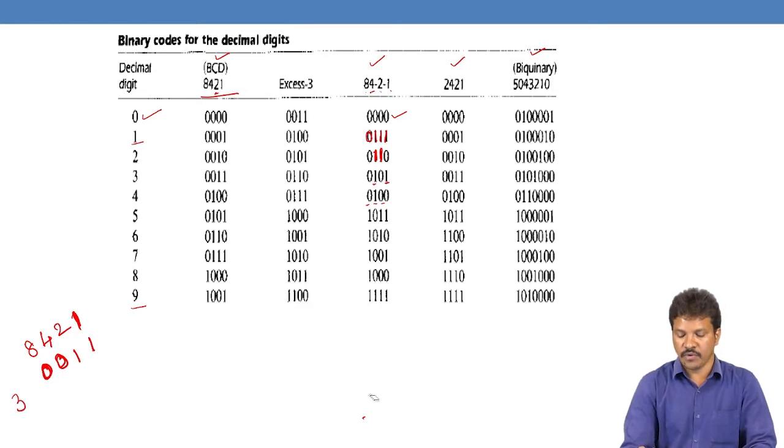In this 8421 code, and a 2421 code, in this 2421 code, we follow the weights 2421.